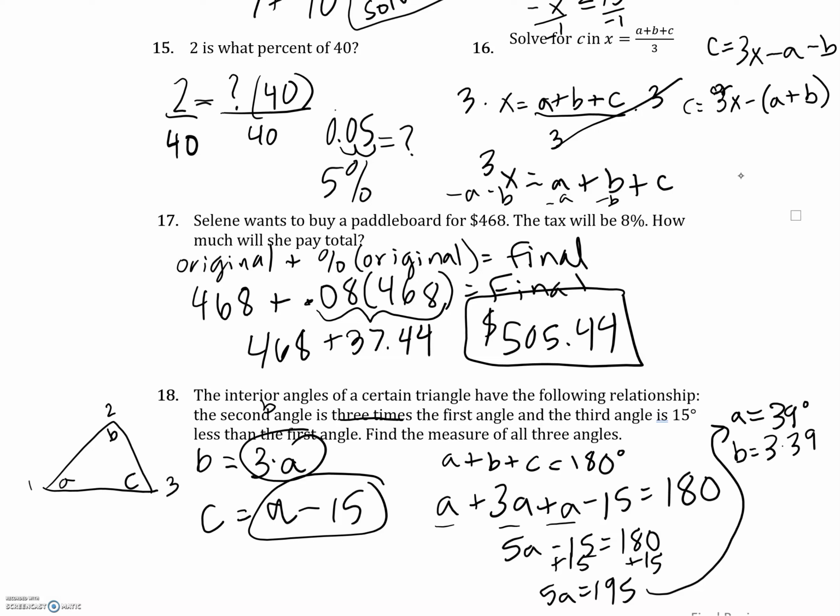So it'll be 3 times 39, which equals out to be 117 degrees. And C was A minus 15. So that equals out to be 24. If you want, you can take your calculator, add 39 plus 117 plus 24. You should get 180 degrees. And there's our 3 answers.